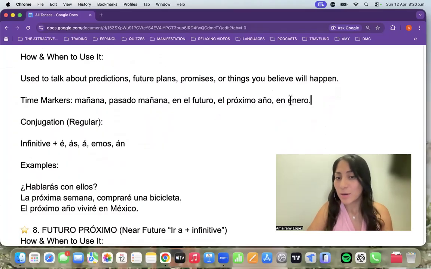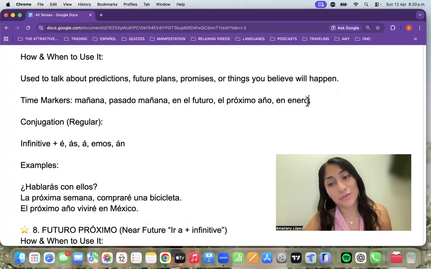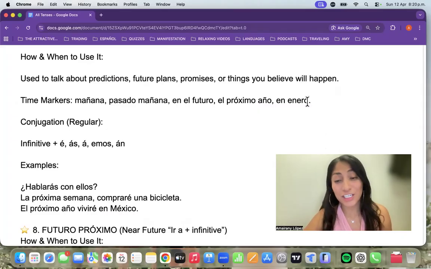A quick thing about the months of the year in Spanish. We do not capitalize the months of the year. We do not capitalize the days of the week. We do not capitalize nationalities. We do capitalize countries. We do capitalize planets.